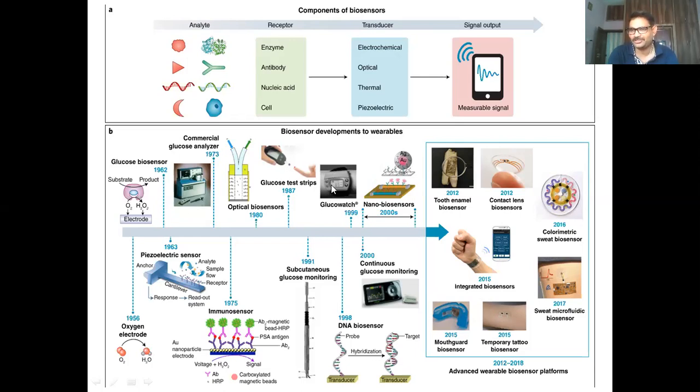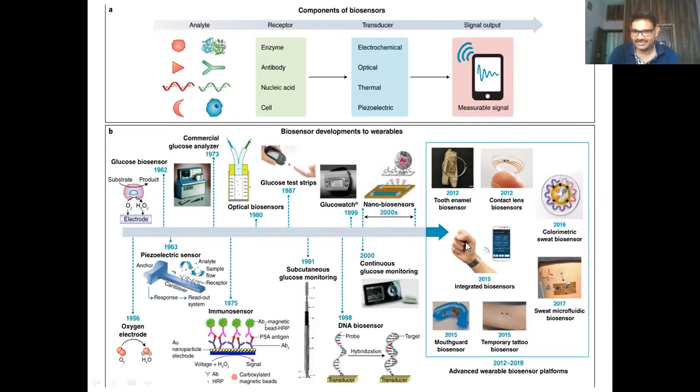When you want to monitor continuously, if you keep the watch on, it will respond to your glucose levels. Continuous glucose monitoring is also there. Suppose an ICU patient is connected to this device; it continuously monitors the glucose levels of that person and responds.